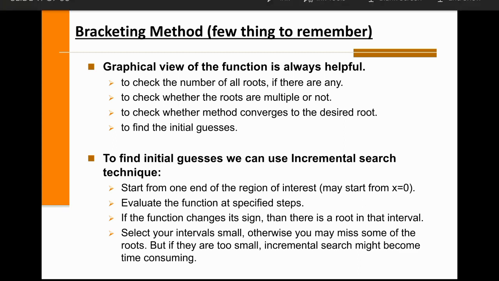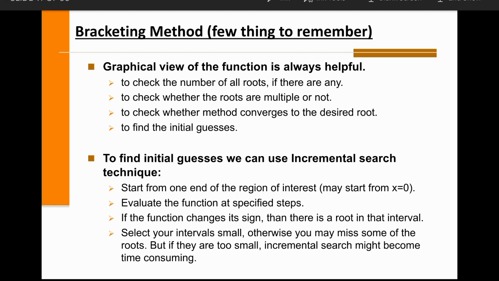Now what is this? Suppose you have chosen the bracket 0 to 1, and suppose you are solving your question with the bisection method, which you have not done yet, but it's okay, we will do it later. If you have chosen the bisection method to solve that equation, then it will sometimes be very slow, right?